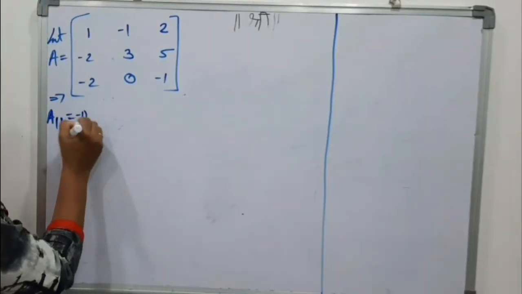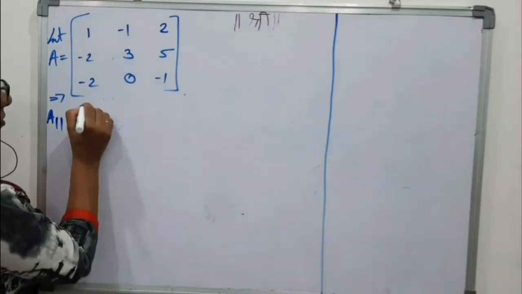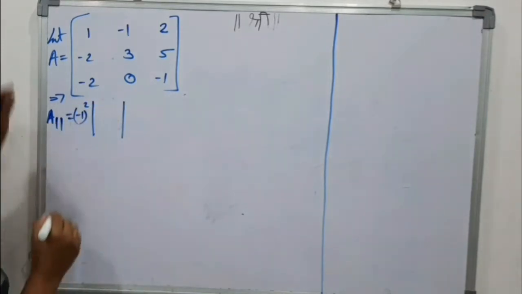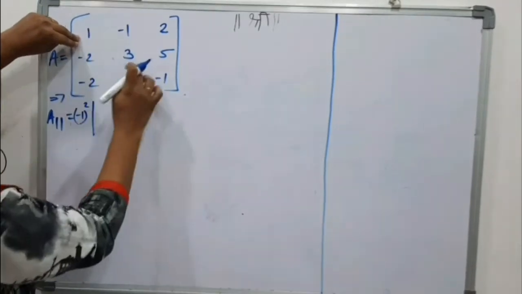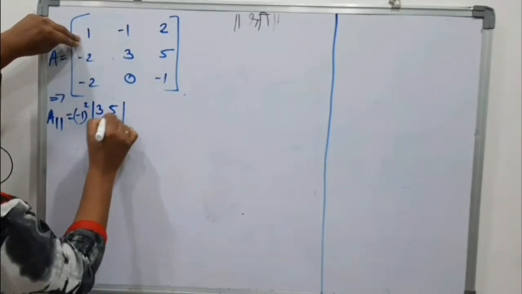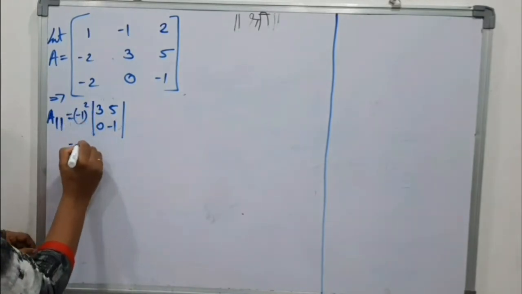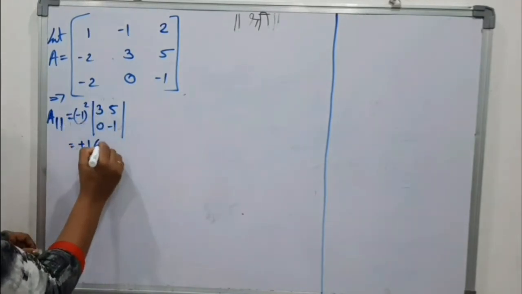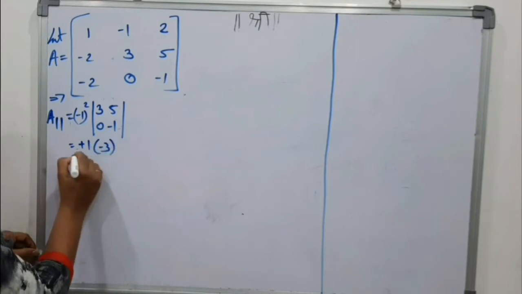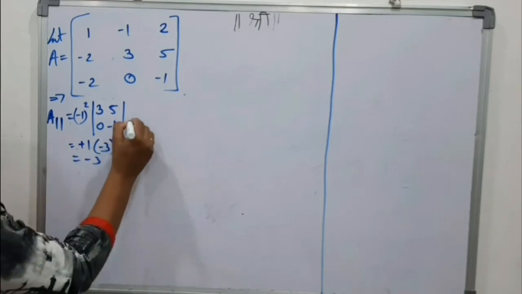So (-1) to the power 1 plus 1. In the determinant, hide this row and this column, and put 3, 5, 0, -1. So (-1) to the power 2 is plus 1, in bracket -3 plus 0, that is simply -3.